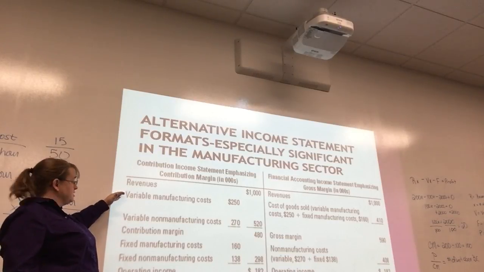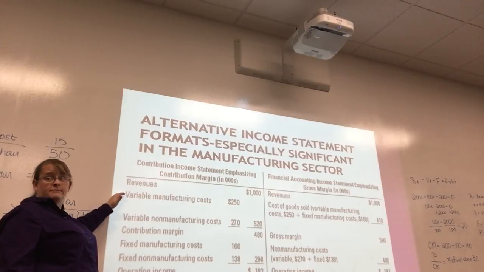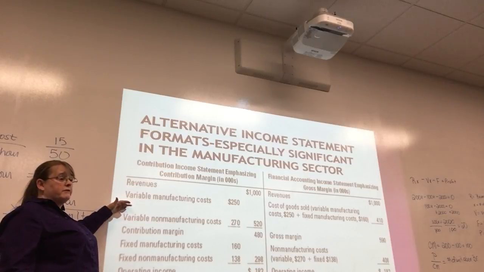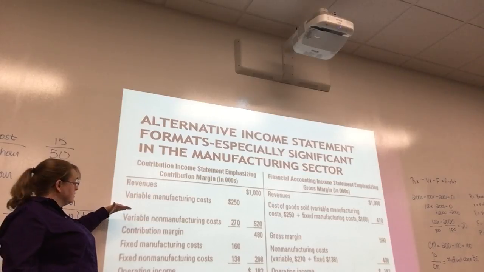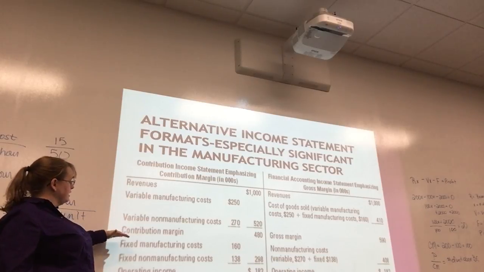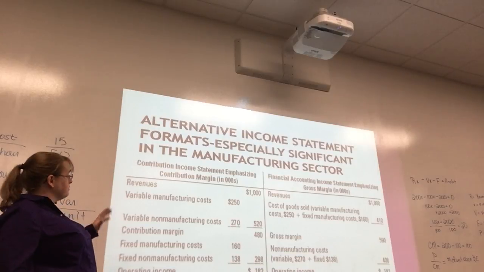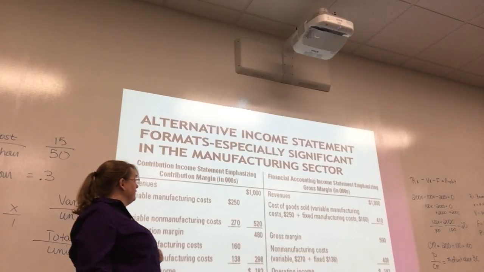In this example, we just had variable manufacturing costs. Then you have your contribution margin, and then all your fixed costs are below that. That's a contribution margin emphasis.